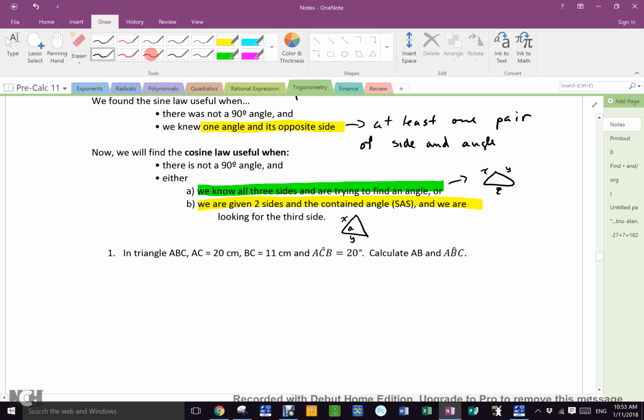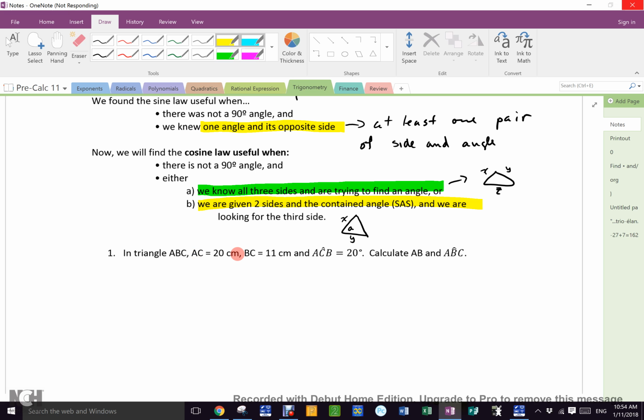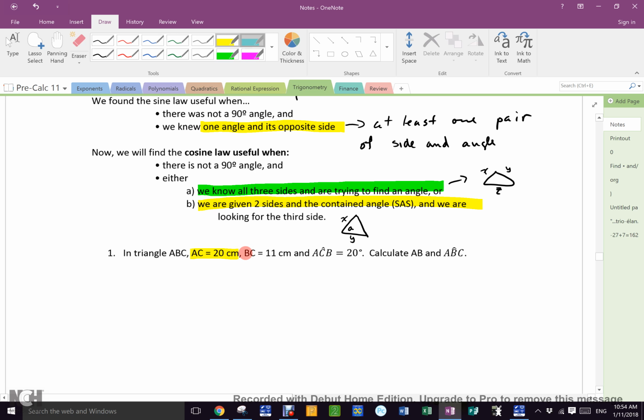So we've got a triangle here. It's triangle ABC. I'm using the letters you're used to. And I know AC, side or angle? Side. I know BC, side or angle? Side. And I know angle ACB.